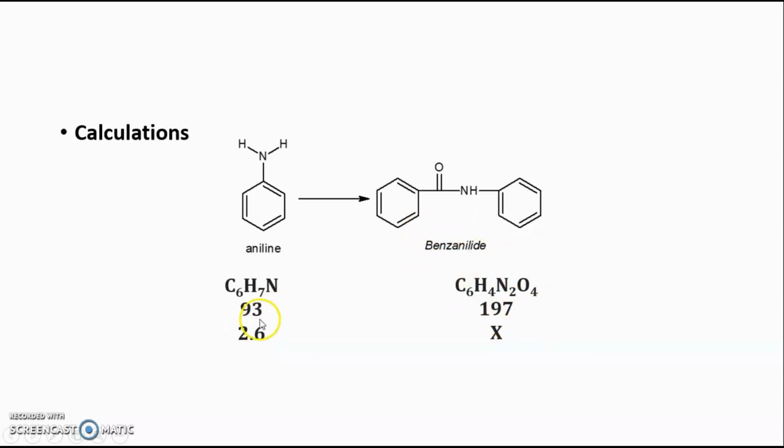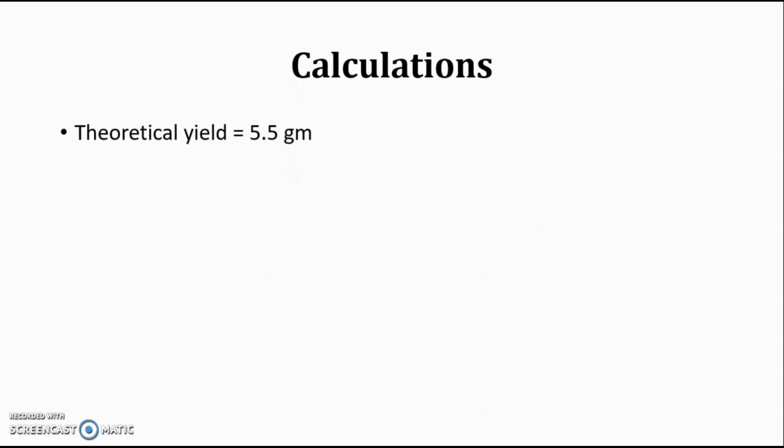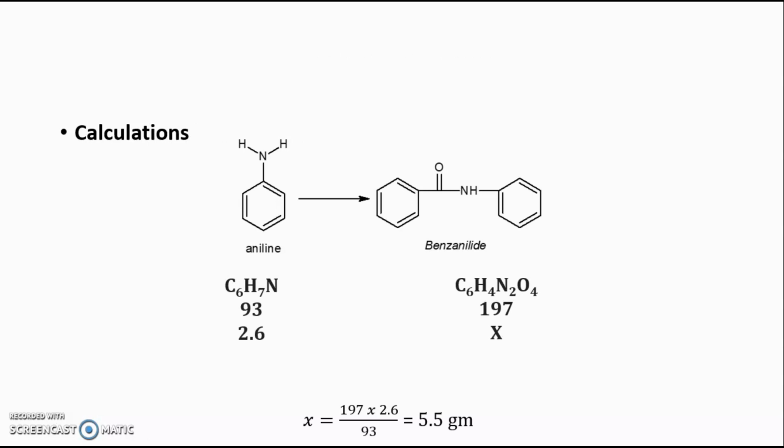So if we use 2.6 gram of aniline, how much benzanilide are we going to get? By cross multiplication, X is equal to 197 into 2.6 divided by 93, that is equal to 5.5 gram.